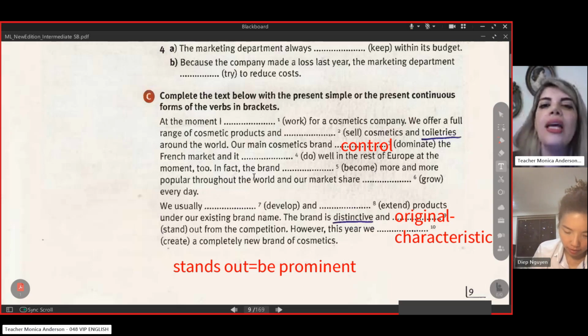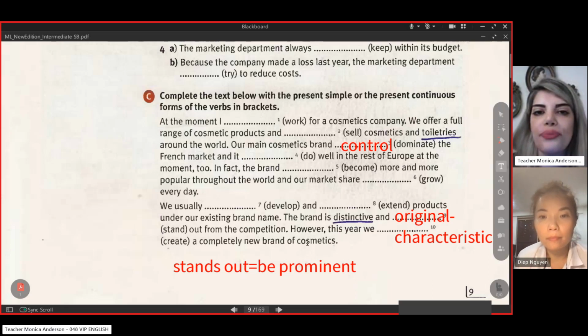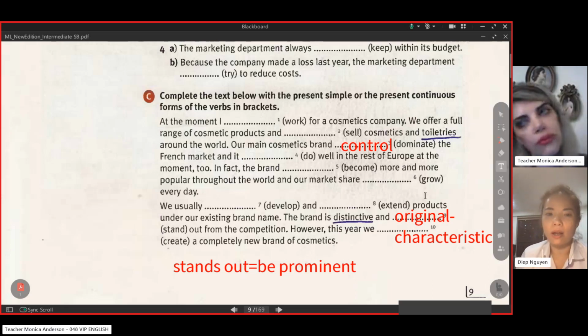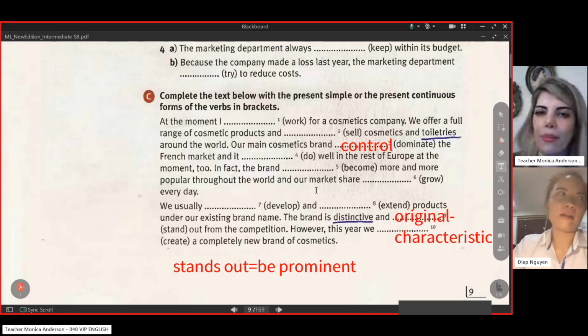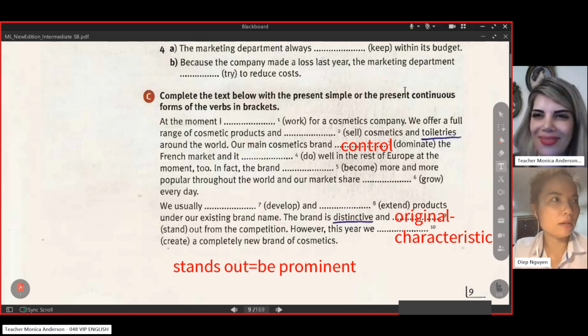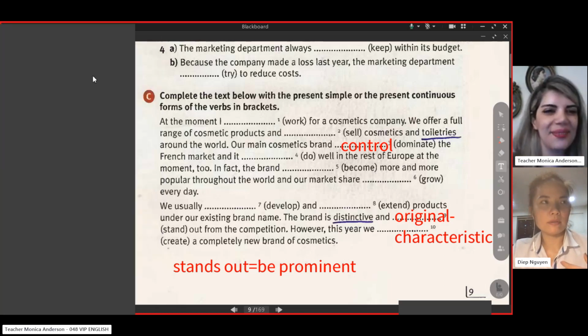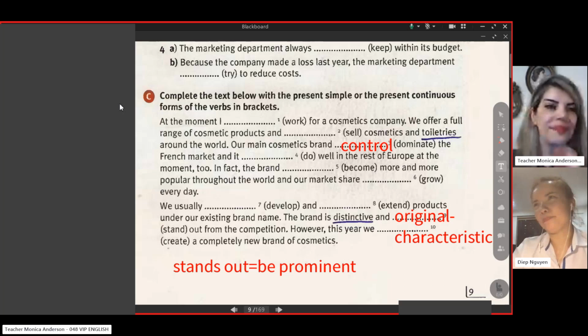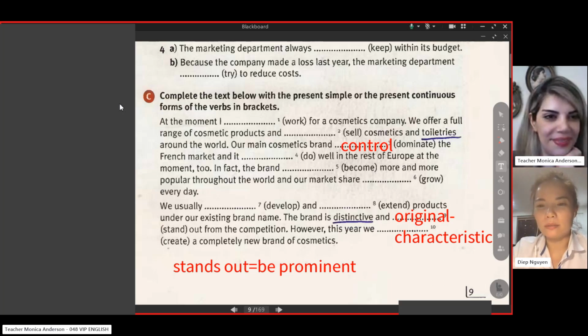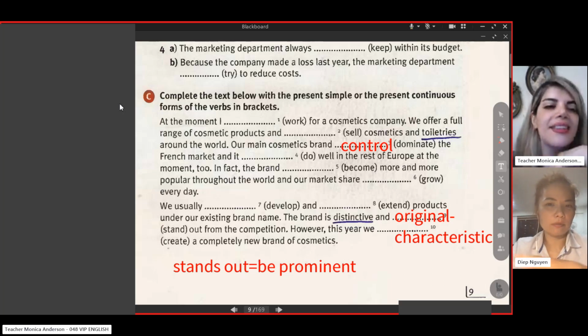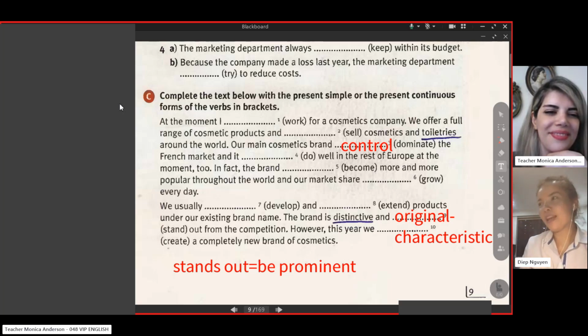Any questions, any issues related to this section? No, thank you. I know my problem is I often use grammar by habit.